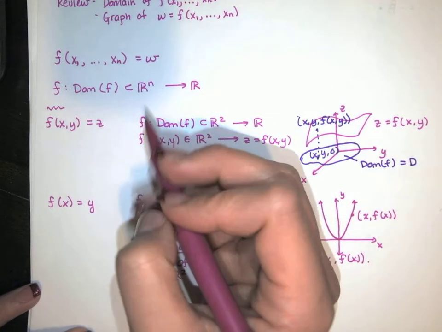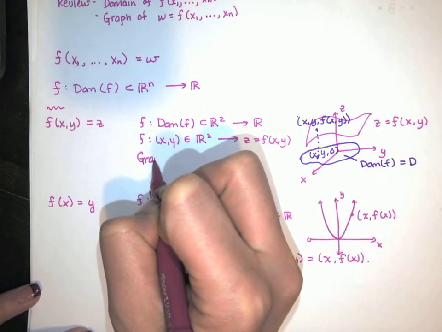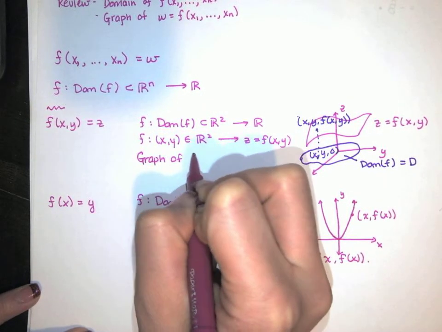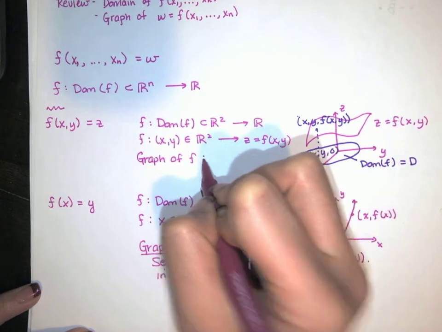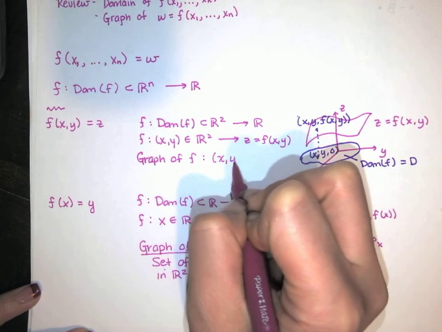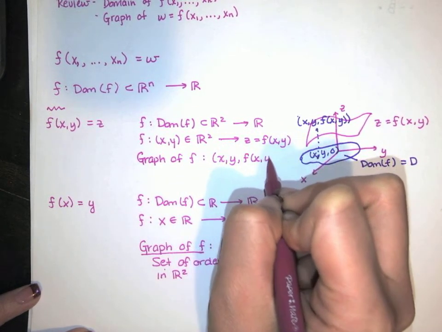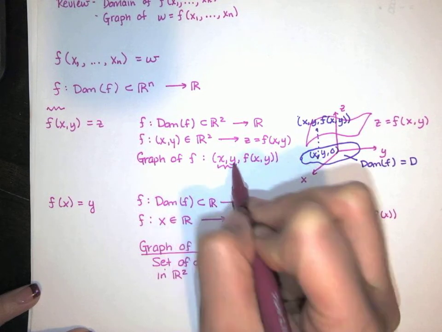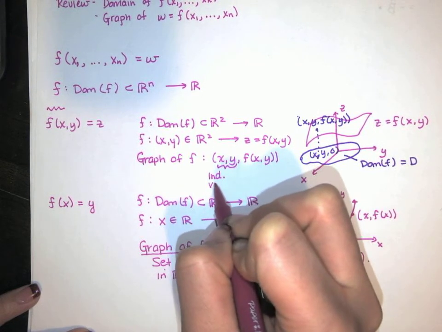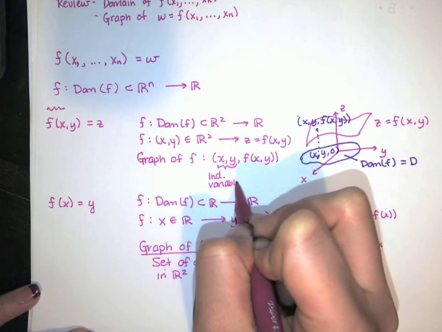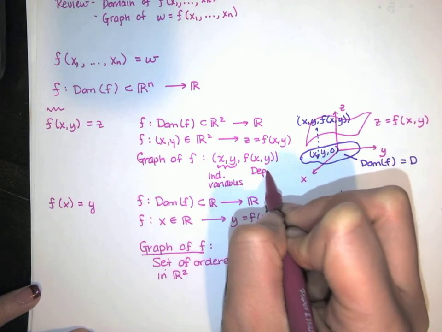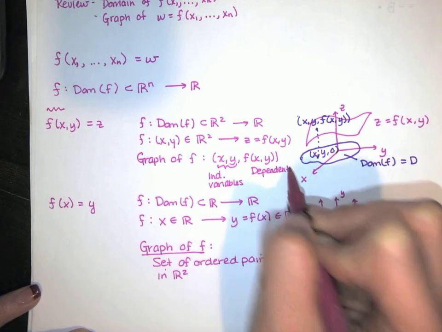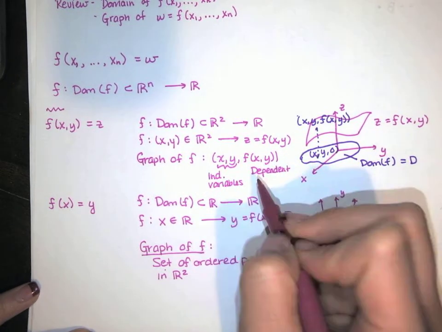So the graph of a function of two variables consists of points (x, y, f of x, y). These are my independent variables. This is my dependent variable, because I'm thinking of z depending on x and y.